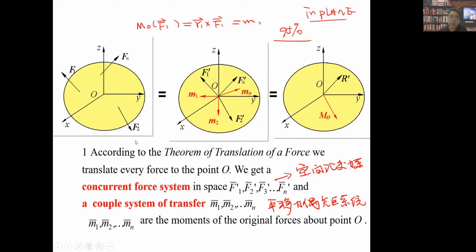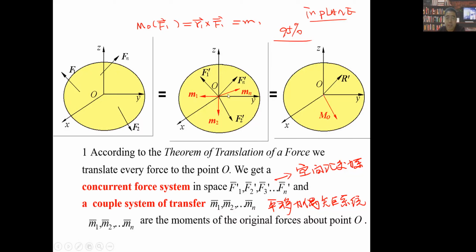So actually, when we use this theorem of translation of a force, it means the original force system in space has the same effect on the body as this concurrent force system plus a couple system of transfer, right?